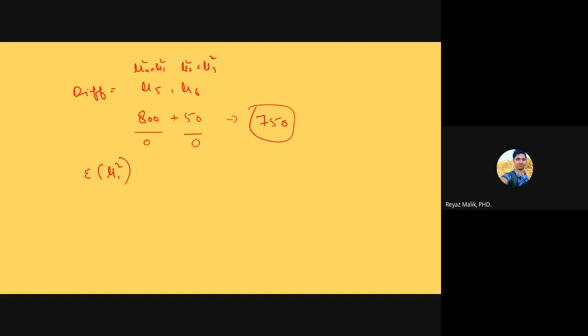A summation of squares. This is OLS. So OLS is the summation of square of residuals.